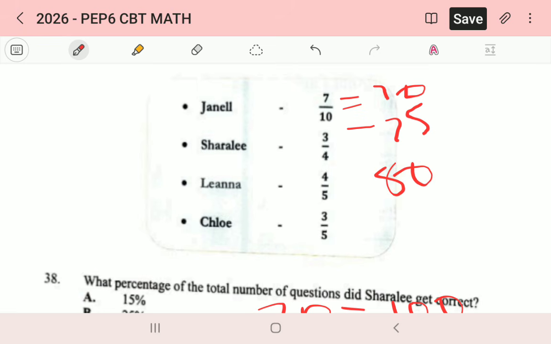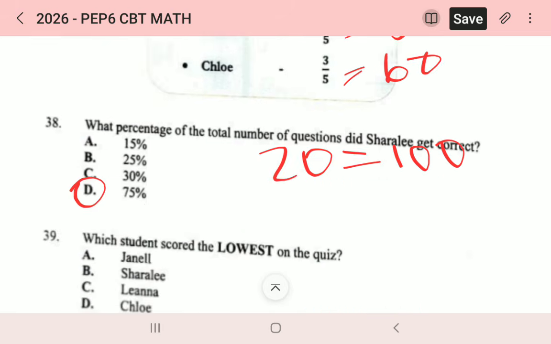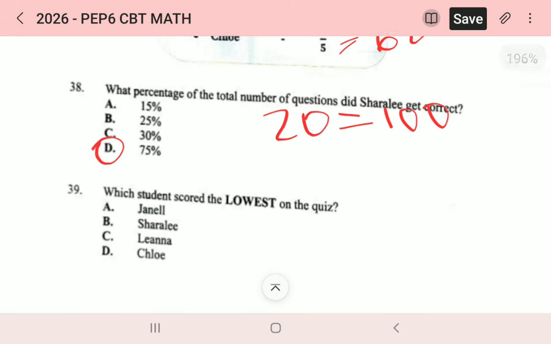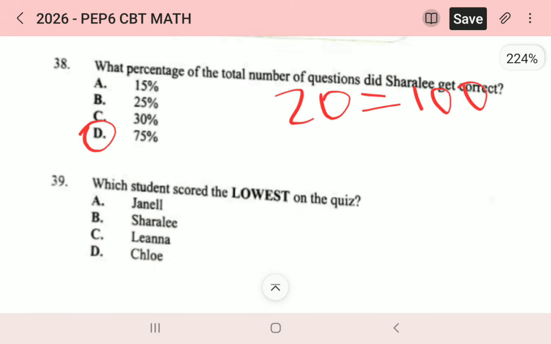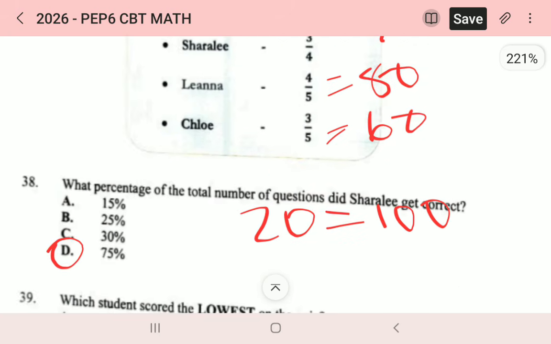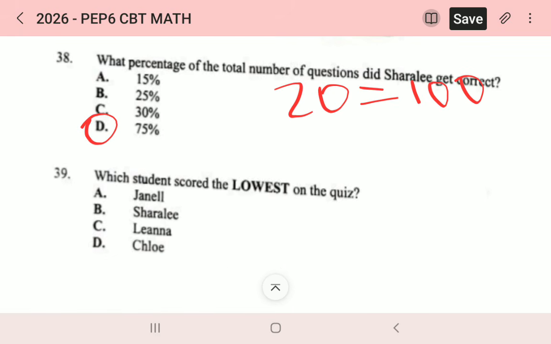And 3/5 would be about 60%. You can set it out and work it out, but you have to know these things. Sometimes you have to just run fast with them. So let's look at who would have gotten the least, and it's going to be Chloe, which is at D.